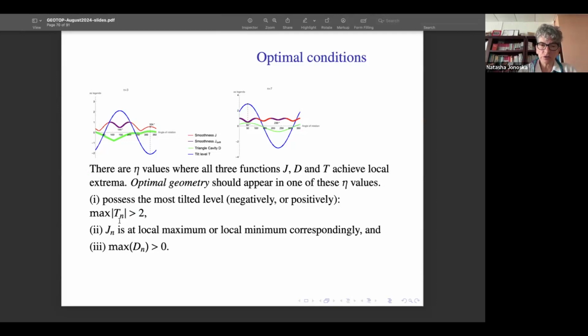I have to have the tilt. We have to have either a local maximum or local minimum and the maximum cavity inside. We also looked at the complementary strands. They had to be a certain distance apart because this was the lowest cavity measured experimentally.